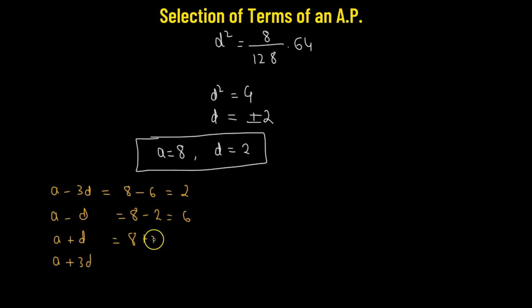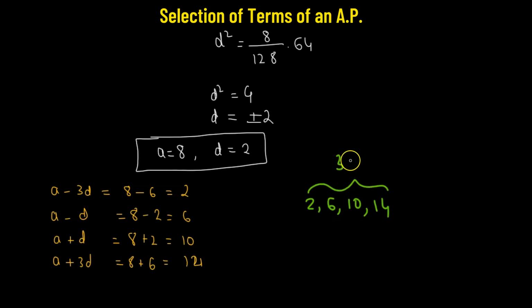Then we have 8 plus 2, which will be equal to 10. And we have 8 plus 3 times 2, so that's 8 plus 6, which is 14. So that means the numbers are 2, 6, 10 and 14. So this is obtained by splitting the number 32 into 4 parts.